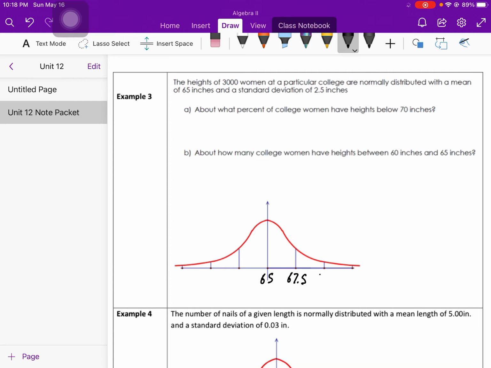So we're going to get 67.5, 70, 72.5, and we're going to get 62.5, 60, 57.5. Then we'll fill in the percentages just like we did before: 34, 34, 13.5, 2.35, 0.15.